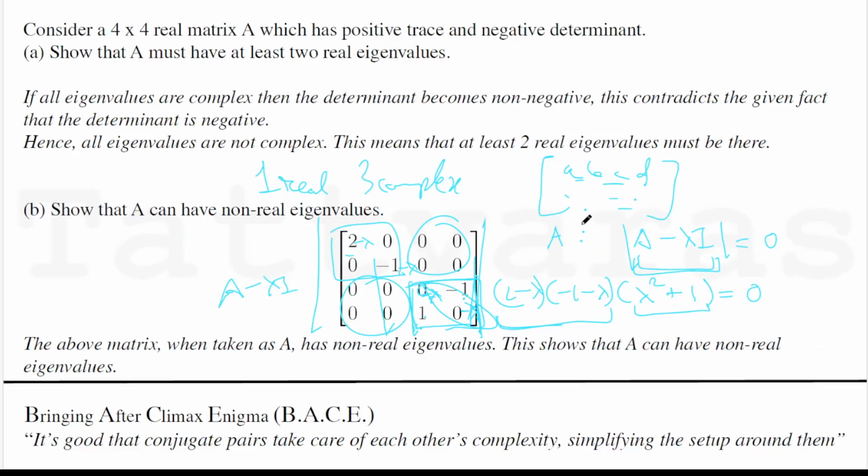And that's why conjugate pairs, when they exist, quite beautifully take care of each other's complexity and make things really simple to deal with.